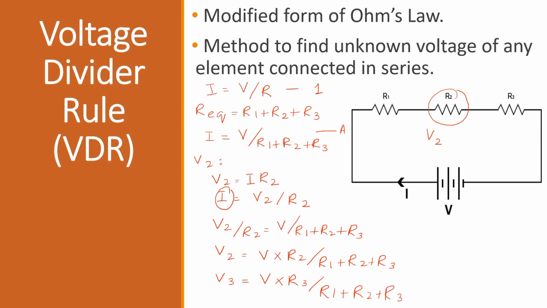So, the generalized equation will be Vx is equal to V multiplied by Rx divided by R equivalent. So, this is the equation which is used for finding unknown voltage of any element connected in series.